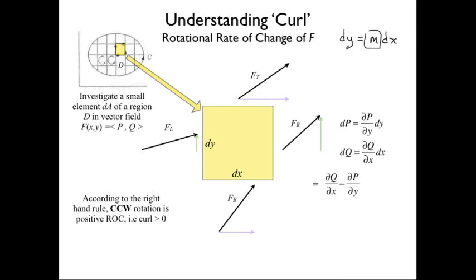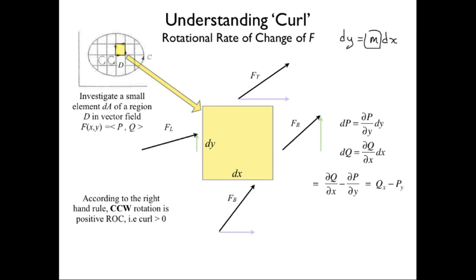But when the partial of p with respect to y is positive, which I'm showing in this picture, it's going to give us clockwise rotation. So it's fighting against our positive curl, so we have to subtract it. Does that make sense? So that's our rotational rate of change.